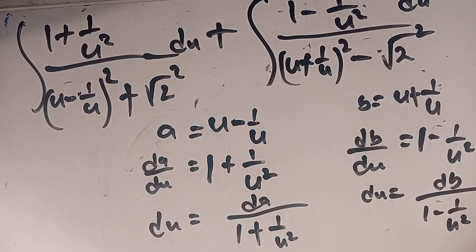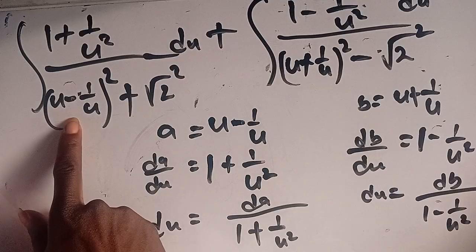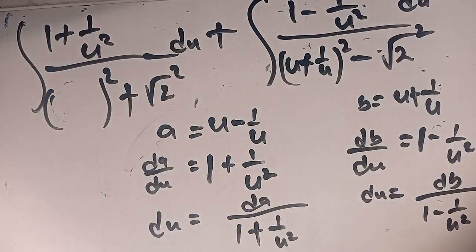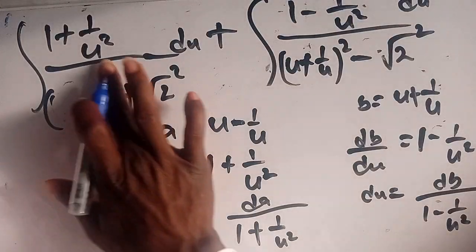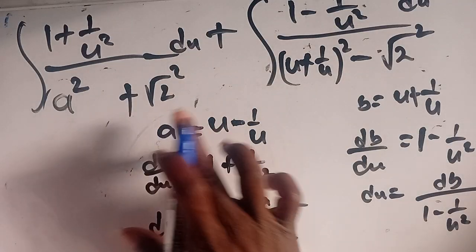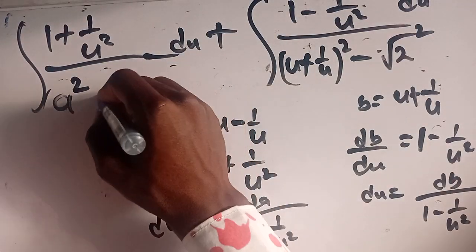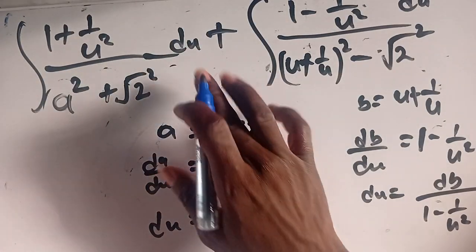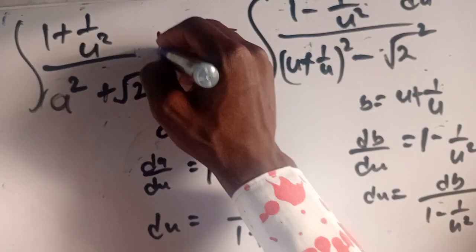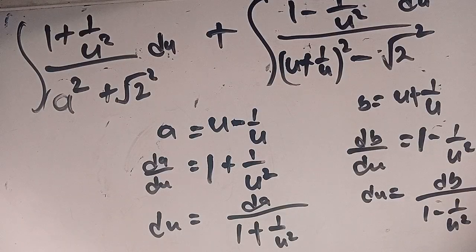Now listen, here is the main issue. We said let A be this, so I want to clean this and put A. So here we have A square plus root 2 square. Now, what's my du? My du is dA over this.